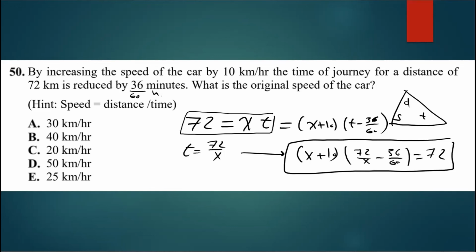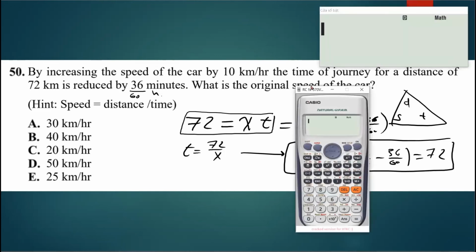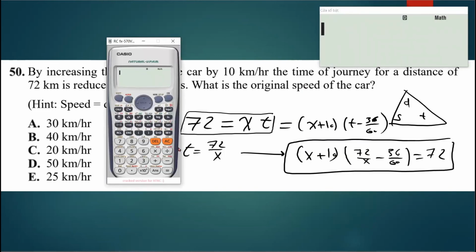Okay. A little tricky one because he gave no fixed value other than the 72. Anyway, x plus 10, multiplied by 72 over x, minus 36/60.